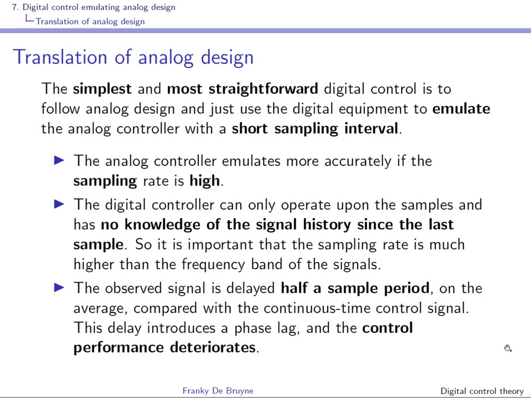This delay will of course be introducing a phase lag. The phase margin will be lower as expected, and the control performance will of course deteriorate. Well, this performance deterioration will be worsening the higher TS, the higher the sampling period.